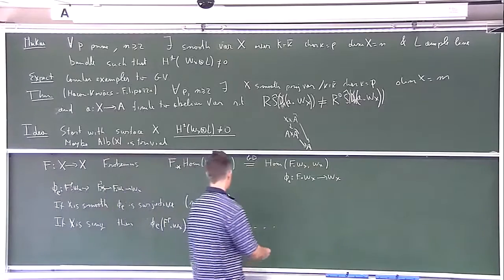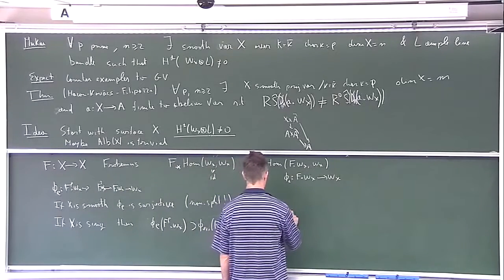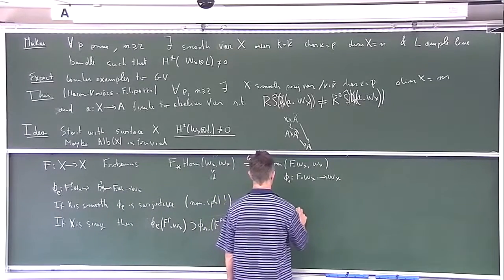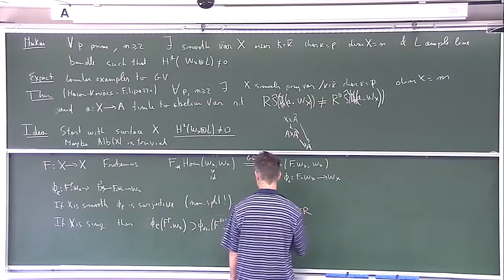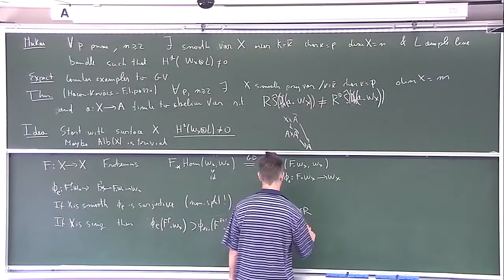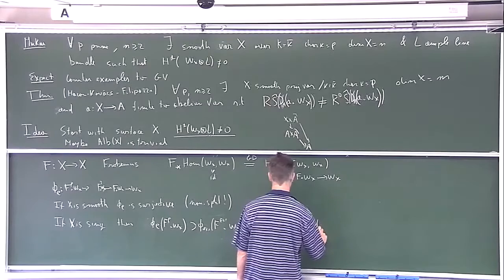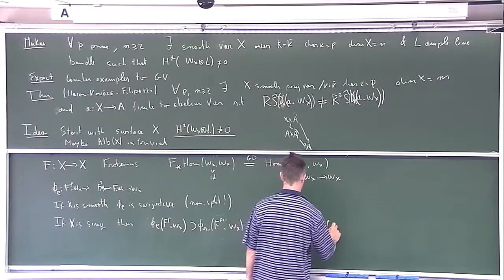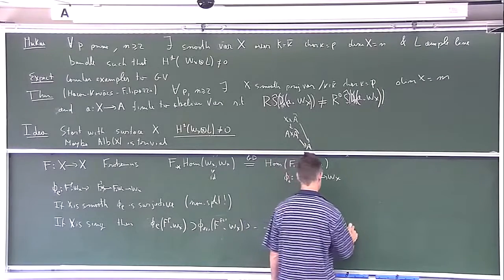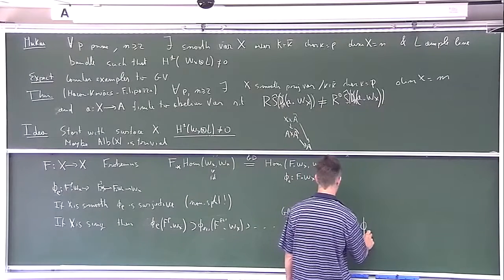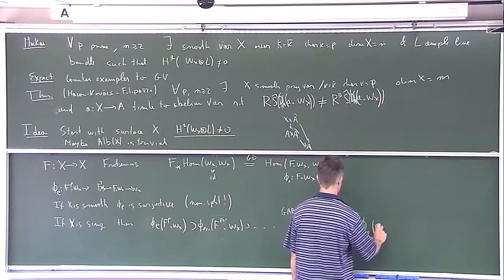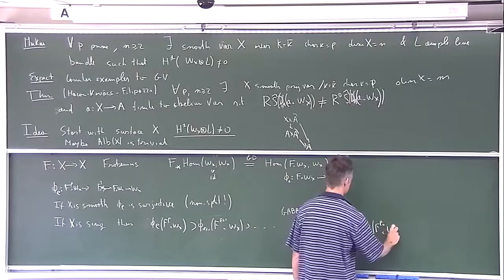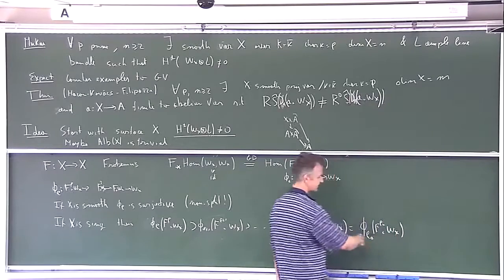But in fact, by a theorem, I think this is due to Gabber, the intersection of these images is actually equal to φ^e for any sufficiently big e.